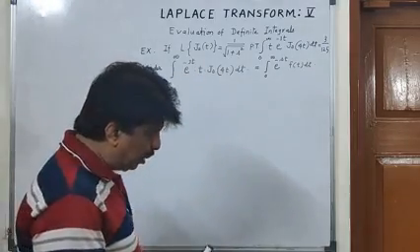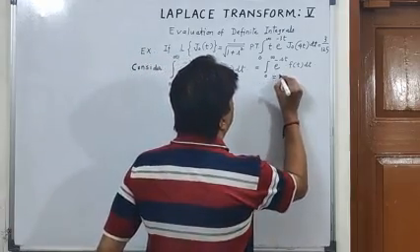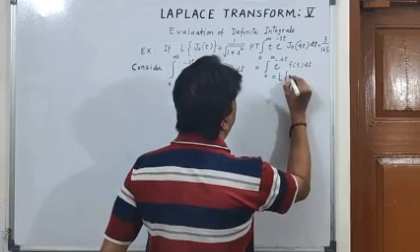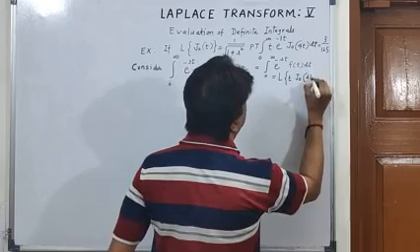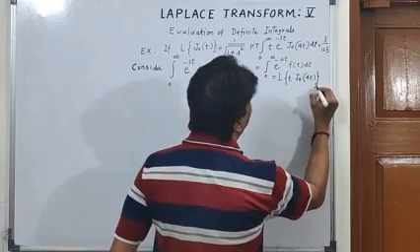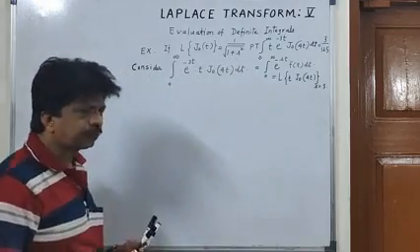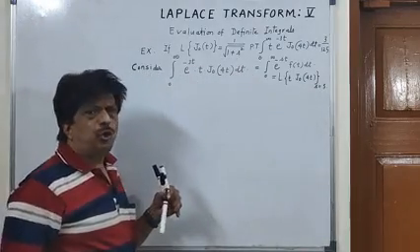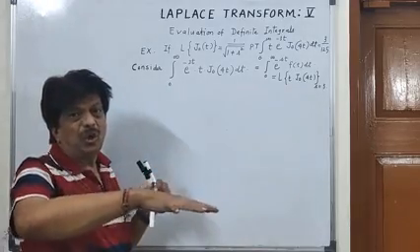So, on comparing, it is equal to Laplace transform of t into J0 of 4t at s equal to 3. So we would be finding out the Laplace transform of t into J0 of 4t.